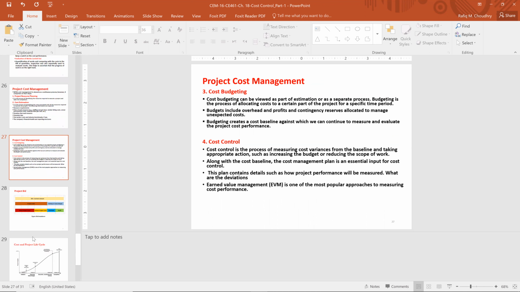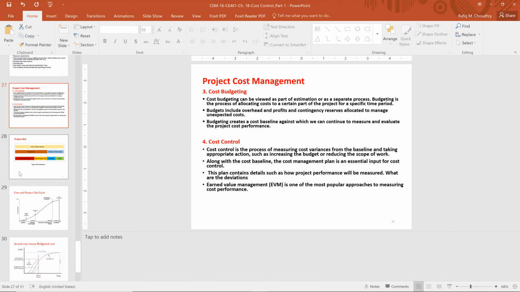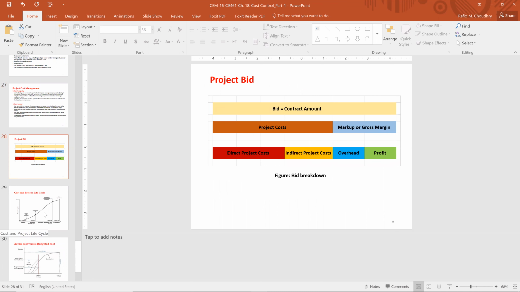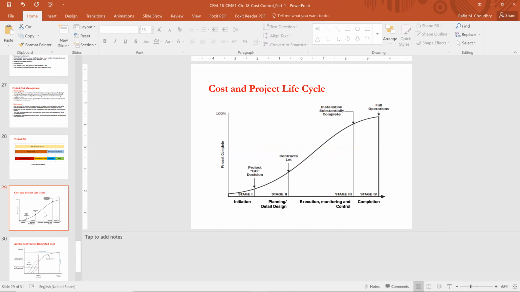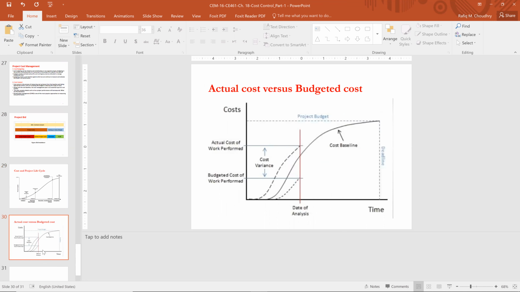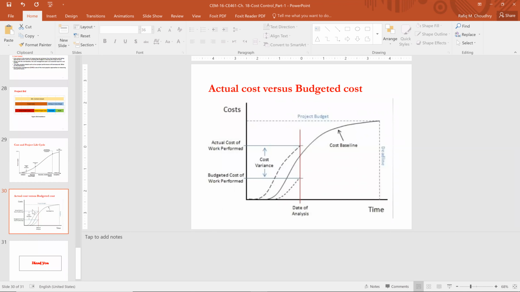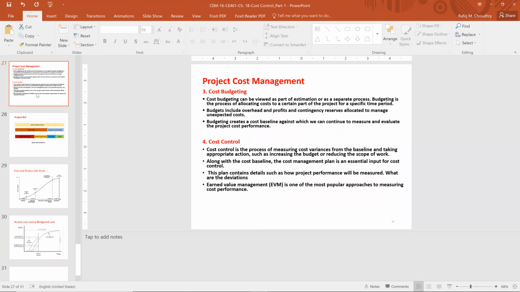Then we discussed our bid, our cost and project life cycle, and our planned value, and inshallah in the next slide we will discuss in more detail the earned value method, the earned value management method for controlling the cost of the project.